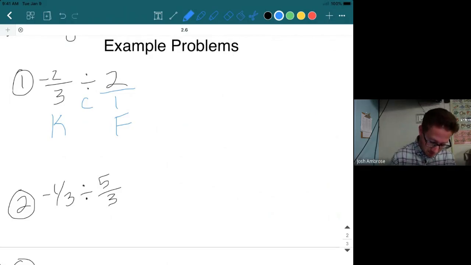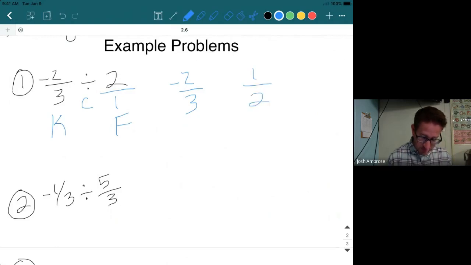So let's rewrite this. Keep the first fraction, -2/3, keep it. Flip the second fraction. We flipped it. Now it's 1/2. And change the problem to multiplication. Now all you're doing is multiplying fractions.